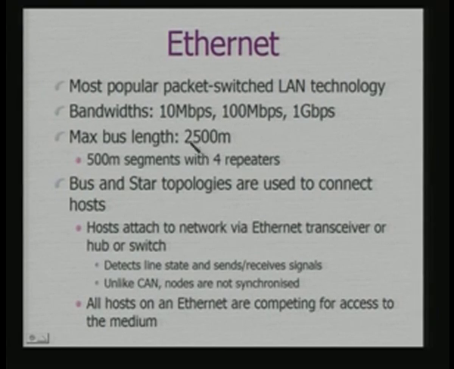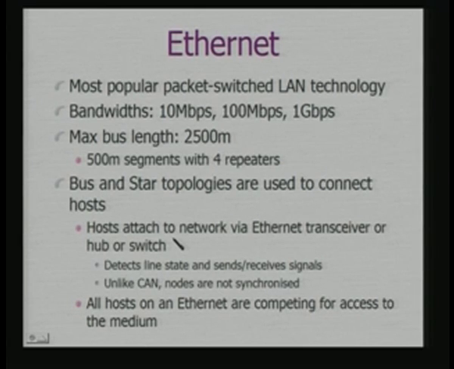It can have a maximum bus length of about 2500 meters. Typically, the calculation is that the segments individually can be of 500 meters with repeaters built into them. Commonly, bus and star topologies are used to connect hosts. Hosts attach to the network via what we call an Ethernet transceiver, hub or switch.